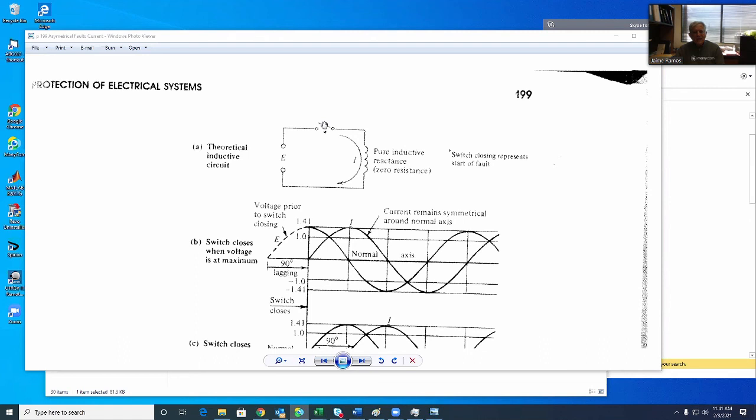When the fault occurs, this switch closes. That's a very simple representation. How can it be done? It can be done like this. Short circuit inception.